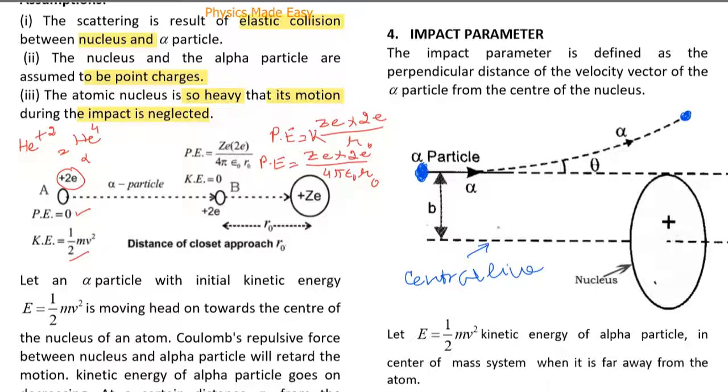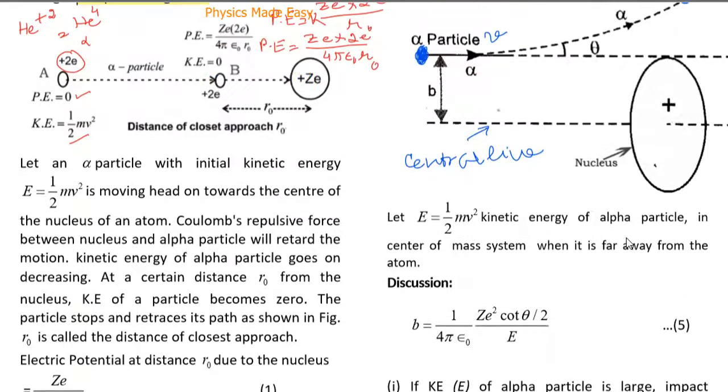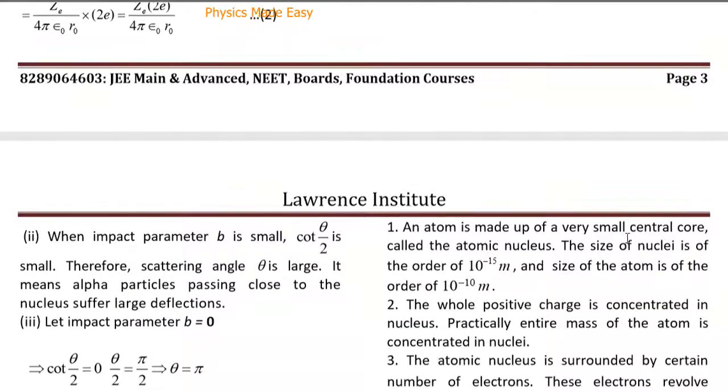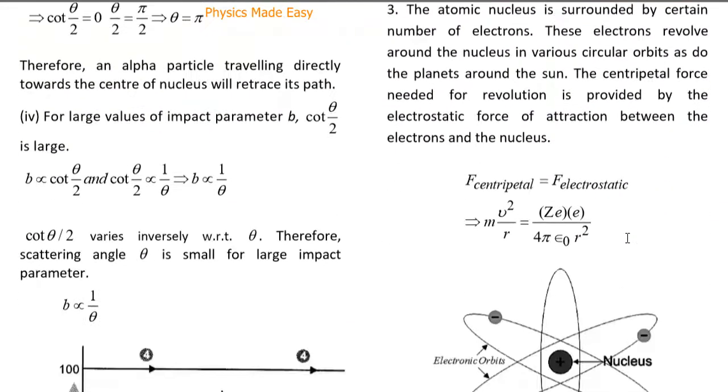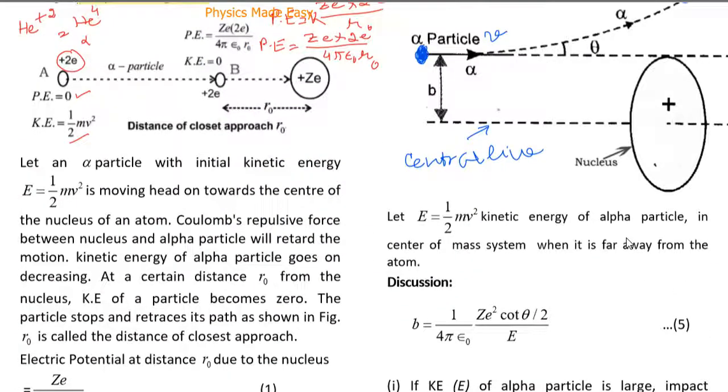So this b is the distance of the velocity vector, let v be the velocity, from the central line of the nucleus. We have deliberately drawn the nucleus to be very large. We have no derivation of the expression, so we shall just discuss it theoretically.